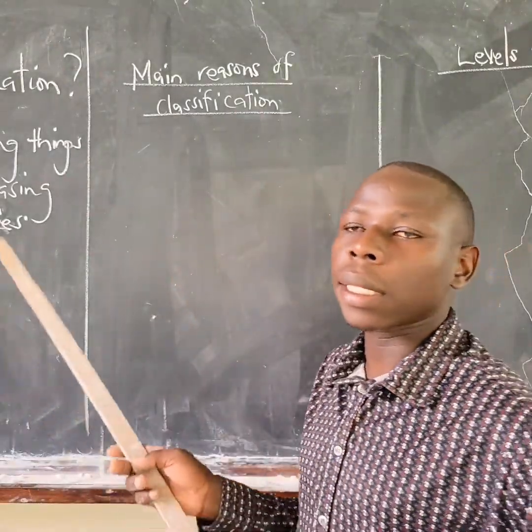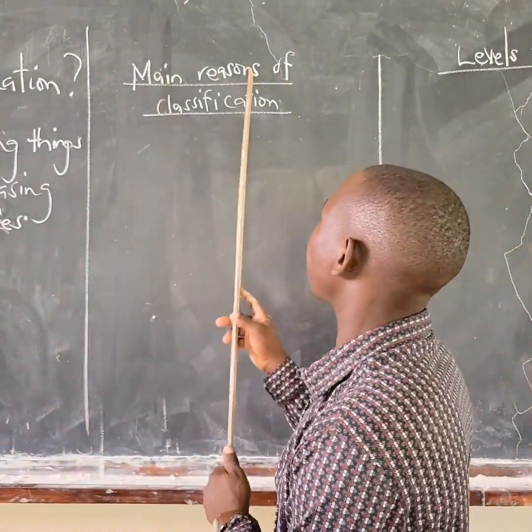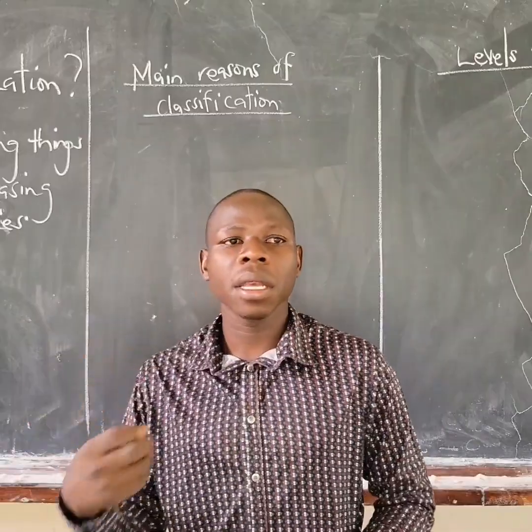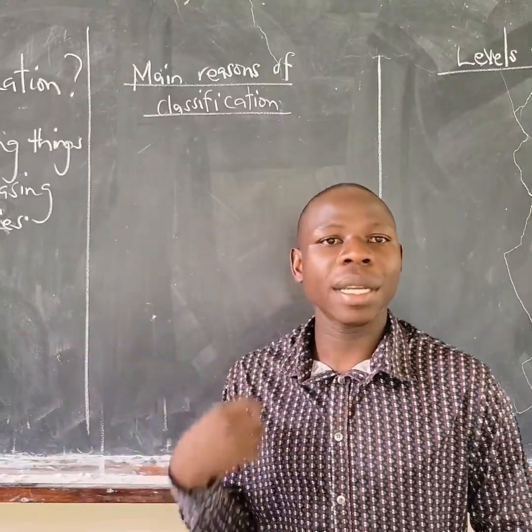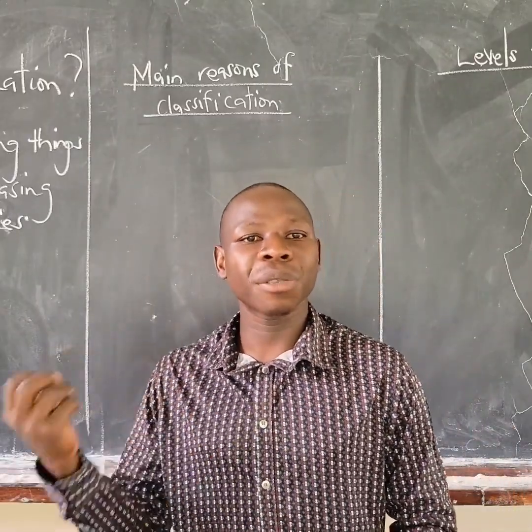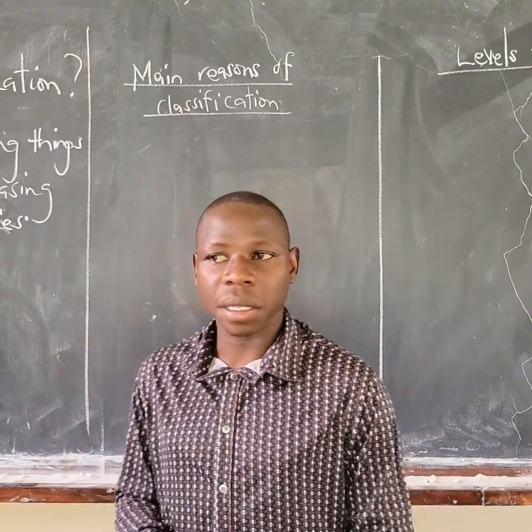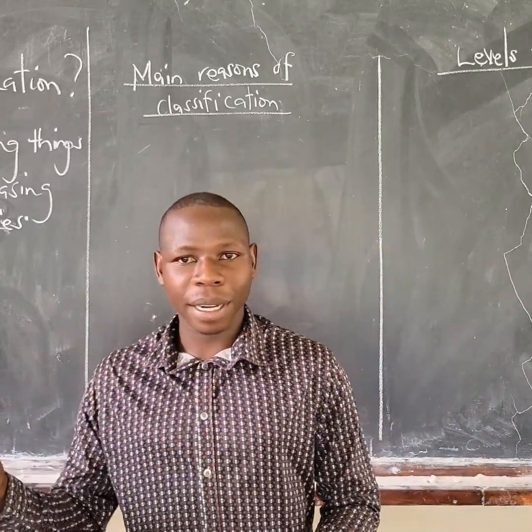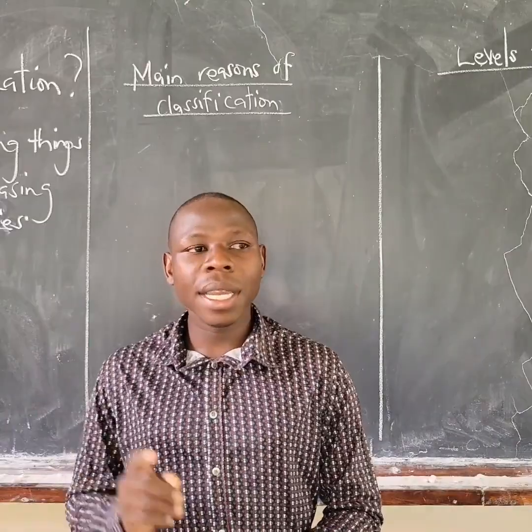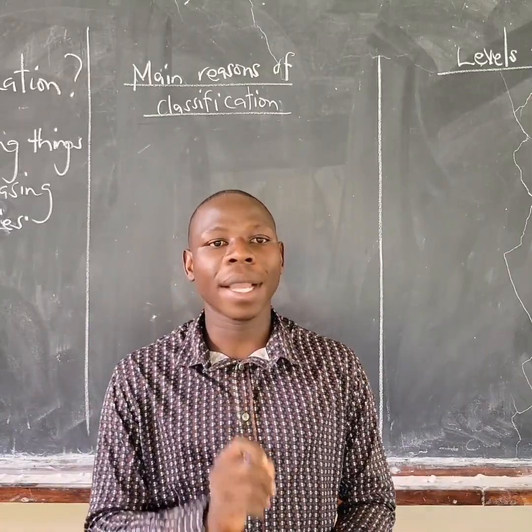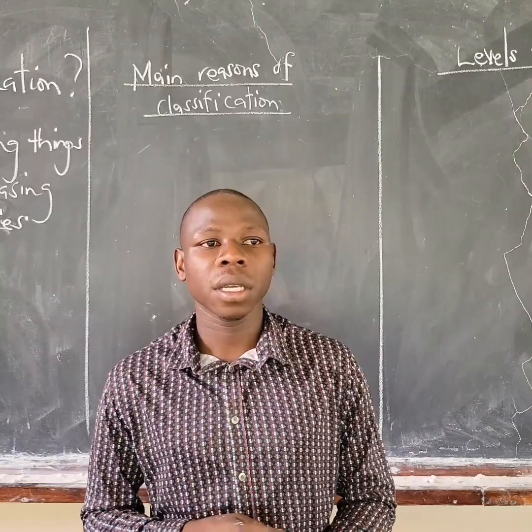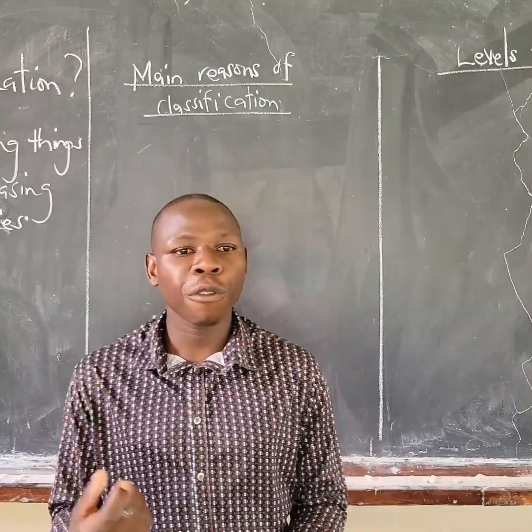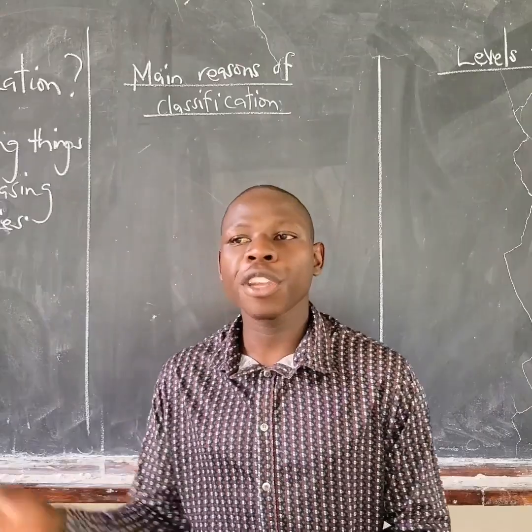Now, let us look at the main reasons for classification. Why do we sort living organisms into different groups based on their similarities? Just like I've said, in a school library, books are arranged. In a supermarket, commodities or items are arranged based on the category where they belong. Just imagine if books were stacked up in heaps.